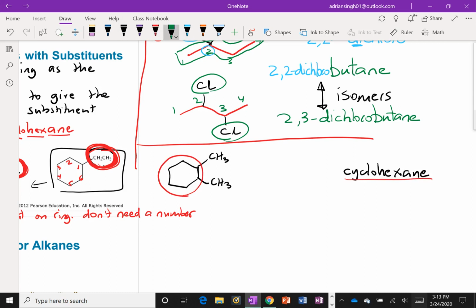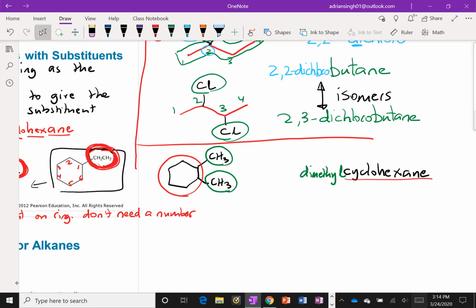And then we have a methyl, and we have another methyl. So that's dimethyl. And now we have to number the ring to give the lowest number possible to those methyls. So in this case, it doesn't really matter which one you decide is going to be number 1, but one of them has to be number 1.